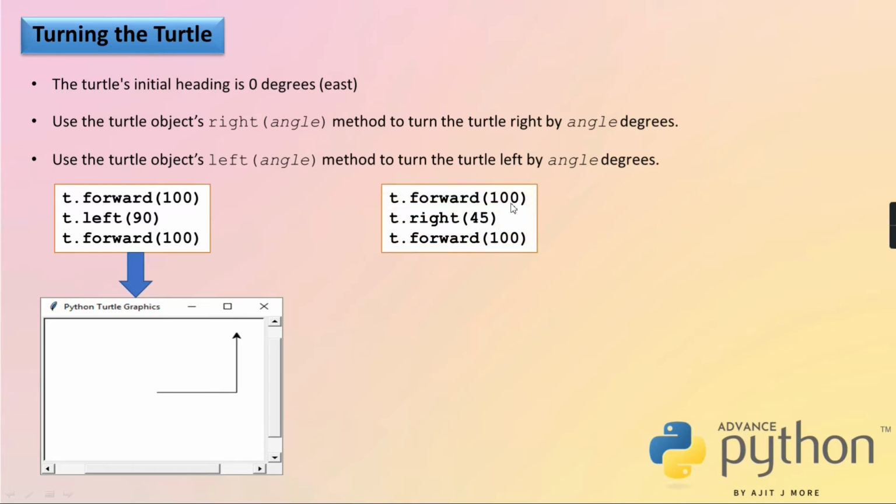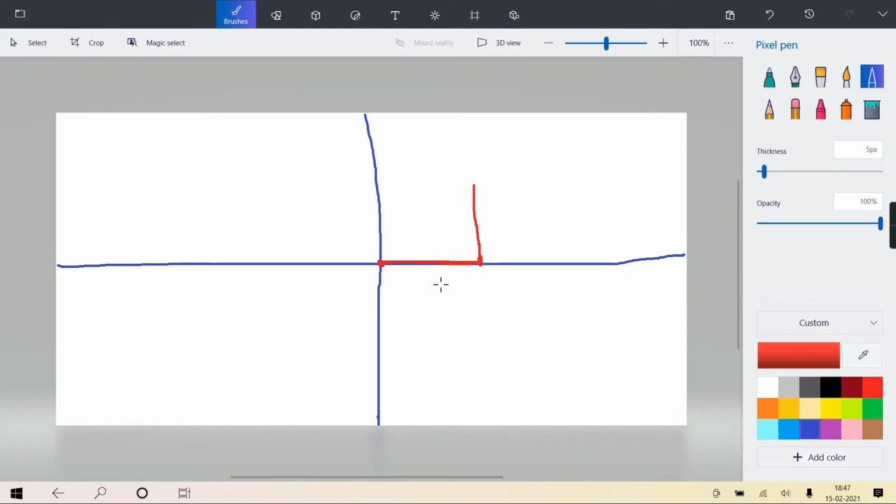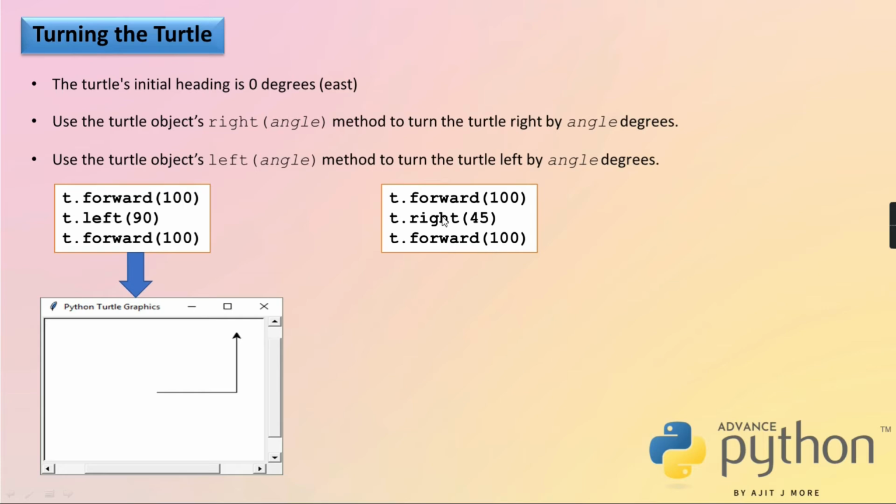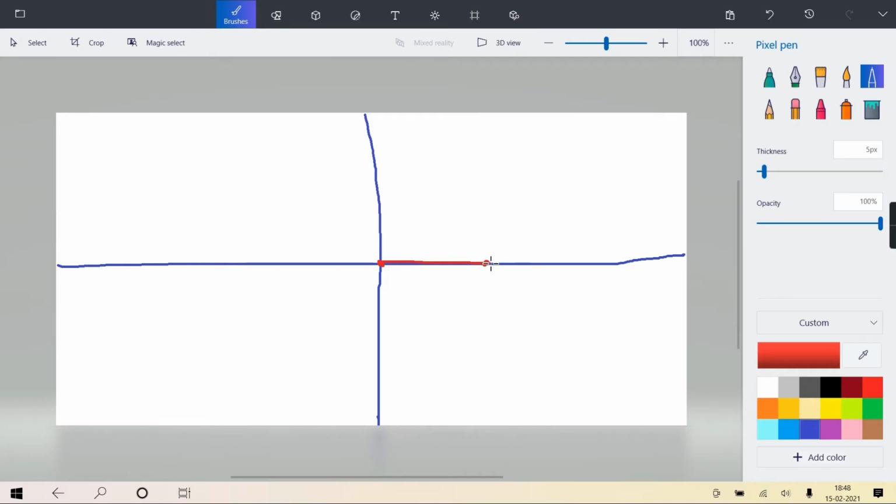Or suppose I am telling this way, forward 100. Forward 100 means it will come 100 positions here. Then I am saying right 45 degree. Now the face is this side, so this is the left side and this is the right hand.